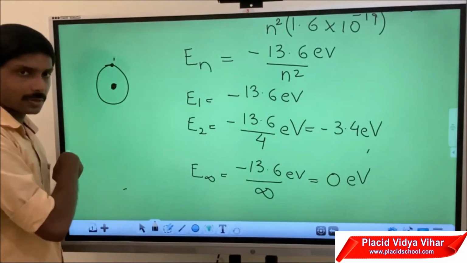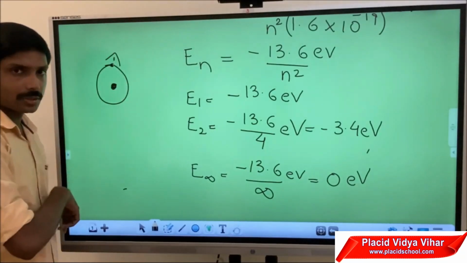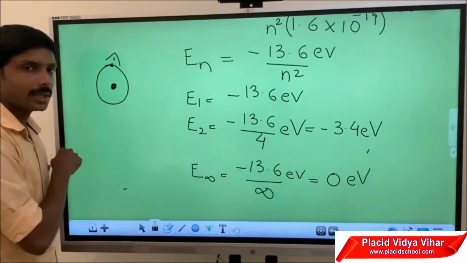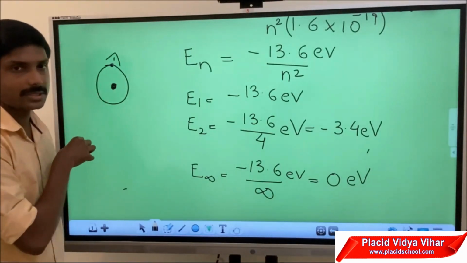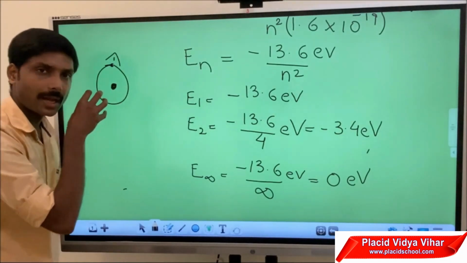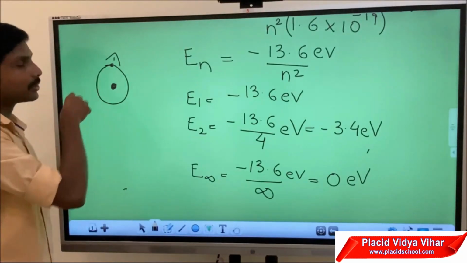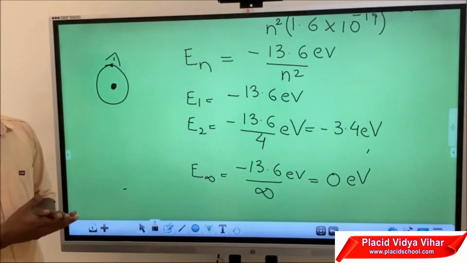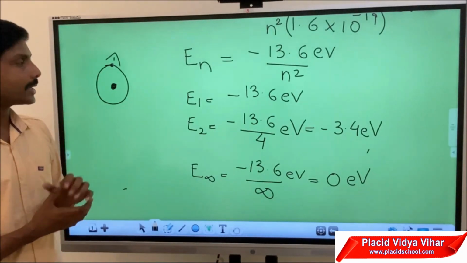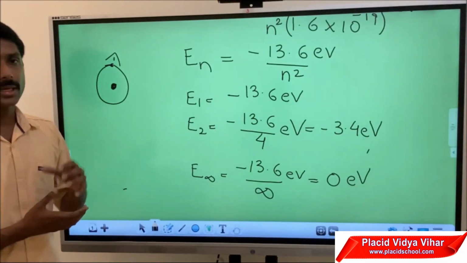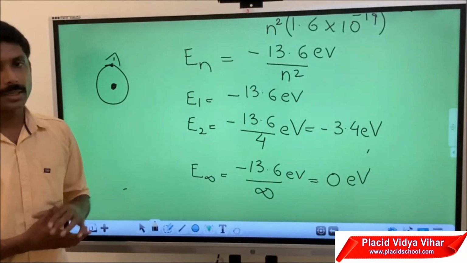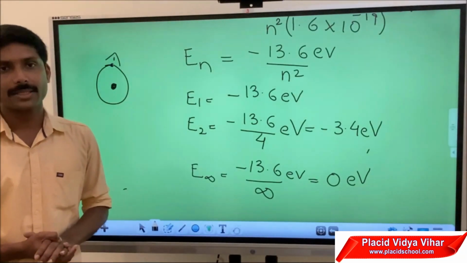When we remove the electron, the charge will only be positive, so we can say that the atom is ionized. It is converted from an atom to an ion. That amount of energy required to remove an electron from an orbit is known as the ionization energy for that particular orbit. From this we can define the ionization energy.